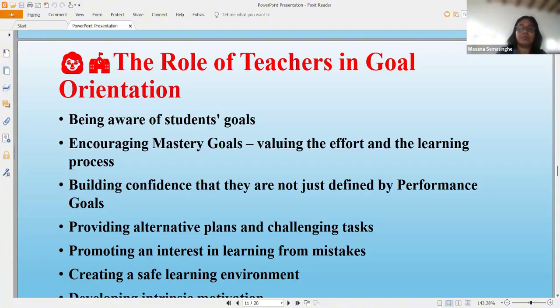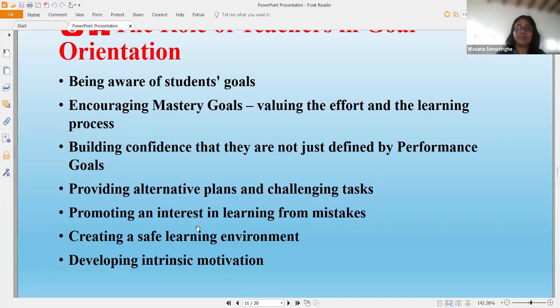As I told you earlier, let them know that mistakes are part of learning. No need to be afraid of mistakes, because through mistakes we learn. So let your students learn with mistakes. It's okay. Accept their mistakes. Let them overcome the mistakes.